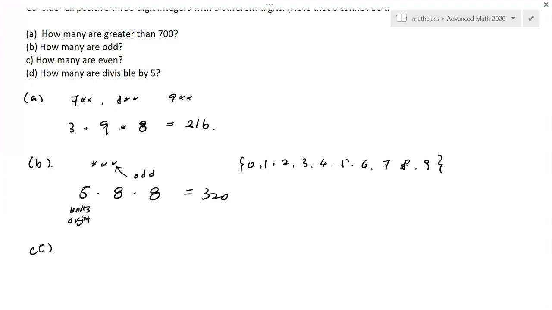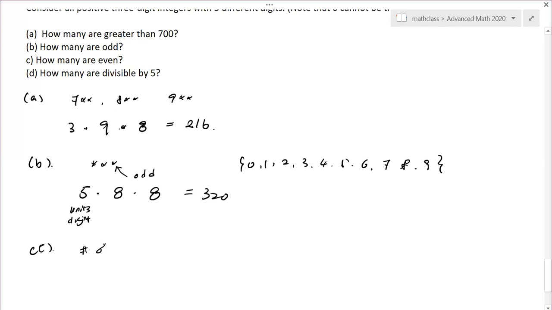When you get an integer, either it's even or odd, right? So if you can count only the odd ones, then you just take a difference and you can get the even ones. So this is the subtraction method.